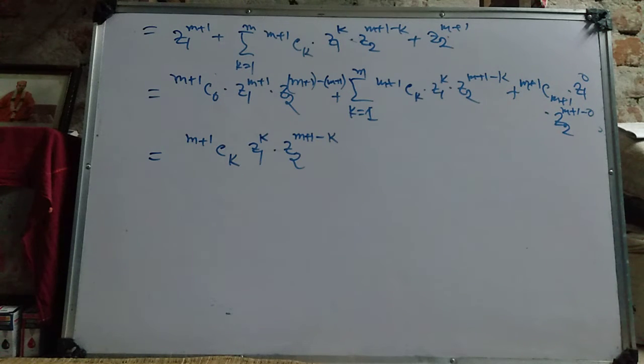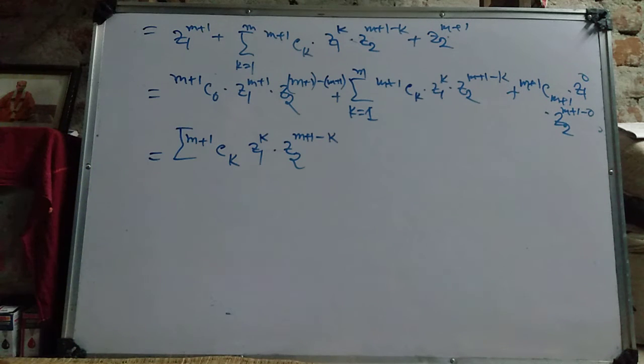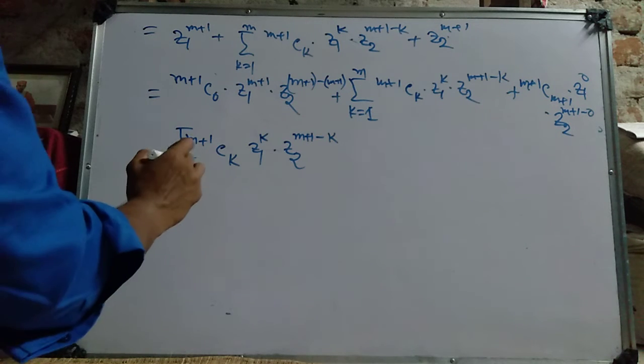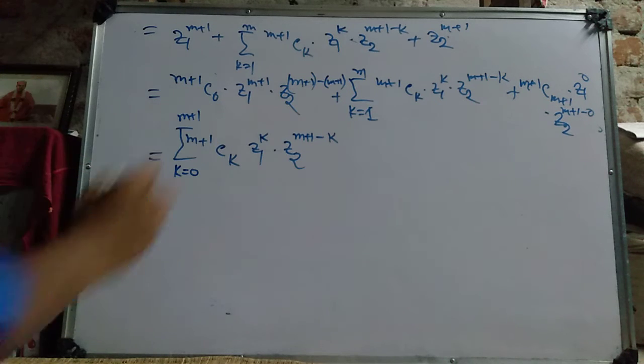So what do we do now, m plus 1 Ck, k equal to 0 to m plus 1.